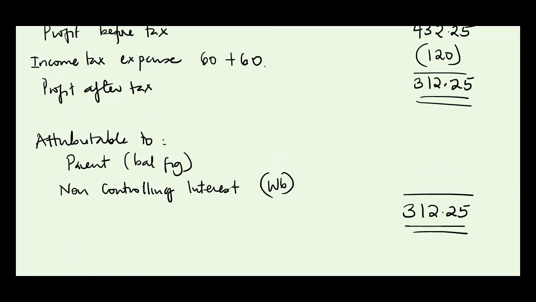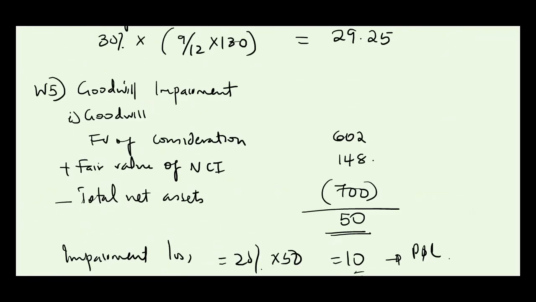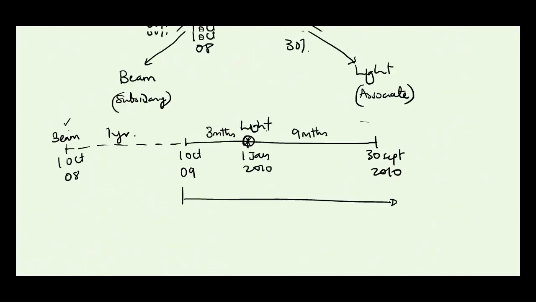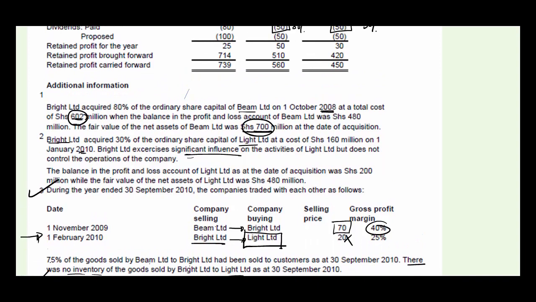Okay, so let's work out working 6, the NCI's share of the P&L. So let's look for the NCI. What is the NCI's share? Remember, if we acquired 80%, then the NCI has a 20% stake, isn't it? And we are looking for the share of their profits for the current year.